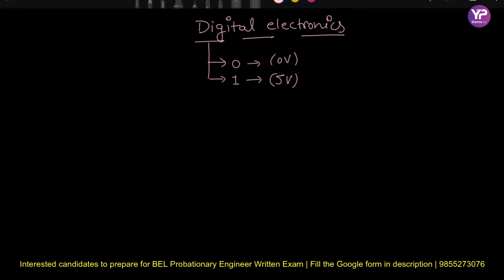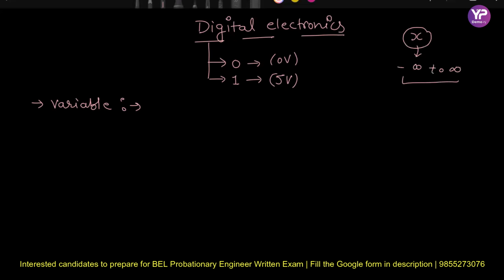If we talk about digital electronics, we have variables. What is a variable? Can anyone tell what is a variable? Values may vary. Generally, if I define a variable x in your normal system, or in algebra, x can take any value from minus infinity to plus infinity.